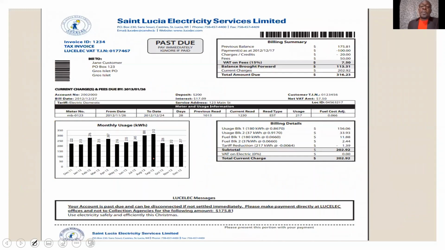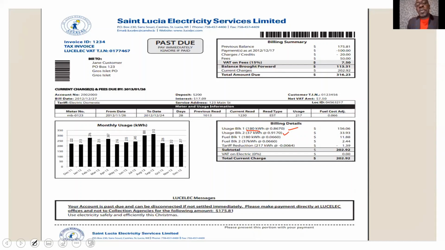In St. Lucia, the first band is 180 kilowatt hours, and that is charged at 86.7 cents. For amounts above the 180, in this instance for this bill it's 37, we're seeing a charge of 91.7 cents.